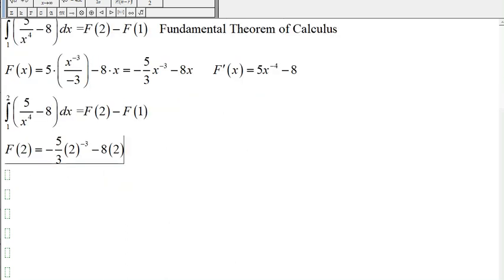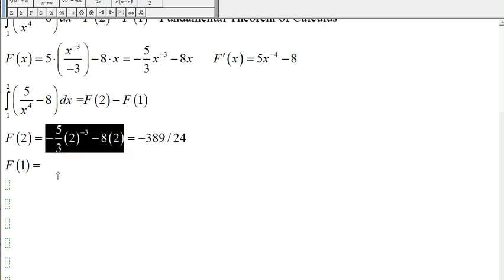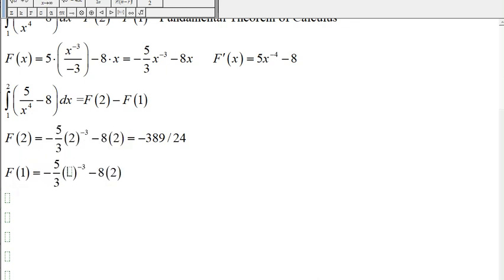And then if we do this, this will come out to be negative 389 over 24. And then the antiderivative evaluated at 1, then we will put 1 right here. And this will come out to be negative 19/3.